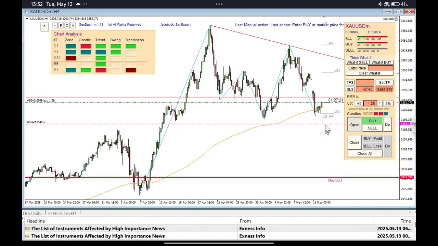all the positions automatically. For the TP, we can set it here at the high of the 30 minutes time frame, and then we can see that the RR is 1 to 1.3. If we don't like this, at least 1 to 1, risk 1 for the reward of 1.3 is just okay, not very good.